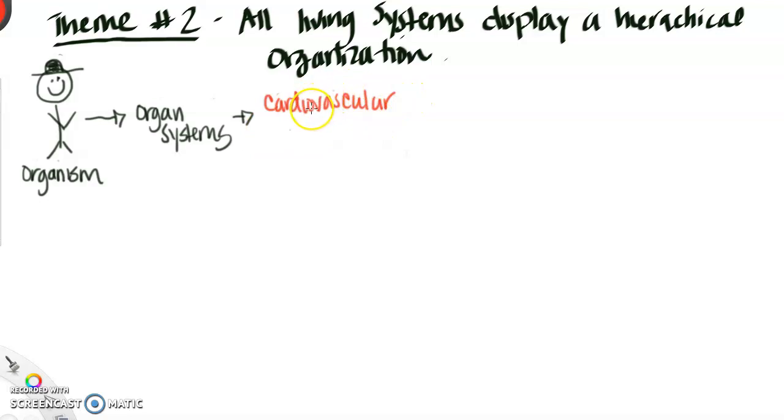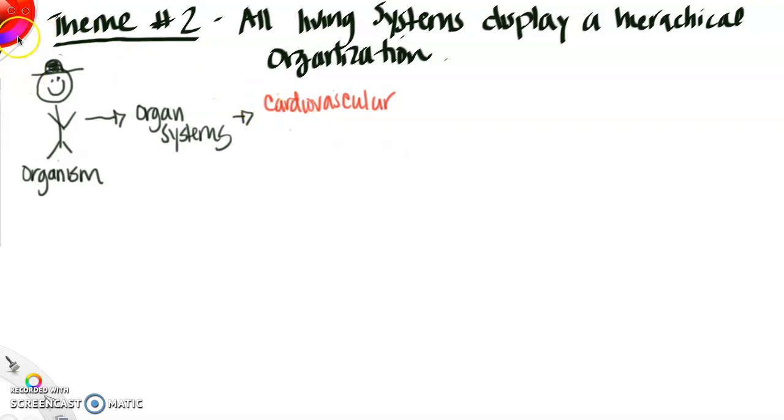In the cardiovascular system, we have hearts, we have vessels, and we have blood to run through those vessels. Blood carries things like oxygen and carbon dioxide and nutrients to all of our cells, so we've got to have that. This cardiovascular system is an organ system in that it is made up of those organs, the heart and the vessels and the blood.